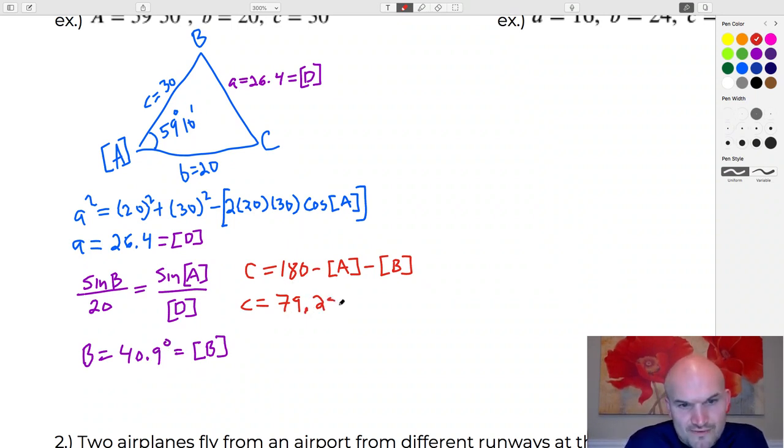This would be 2.5. And B, remember our B would be 9.17 or 9.12.